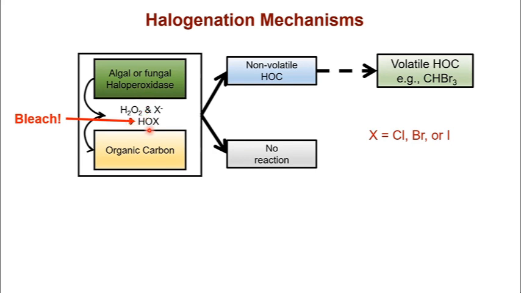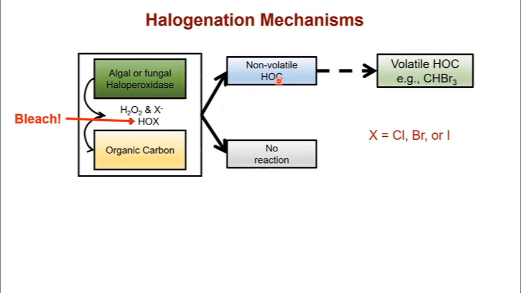So now, when they have bleach, we know from life experience, of course, it reacts with organic carbon. It could have two main branches of outcomes. The not so interesting path is that nothing happens. But there's another pathway that might be very interesting, which is that they produce non-volatile HOC.